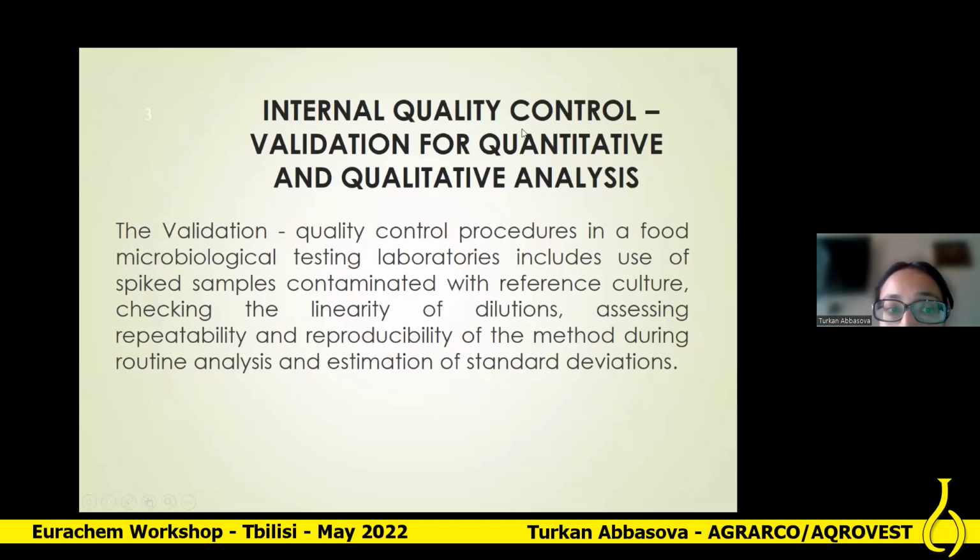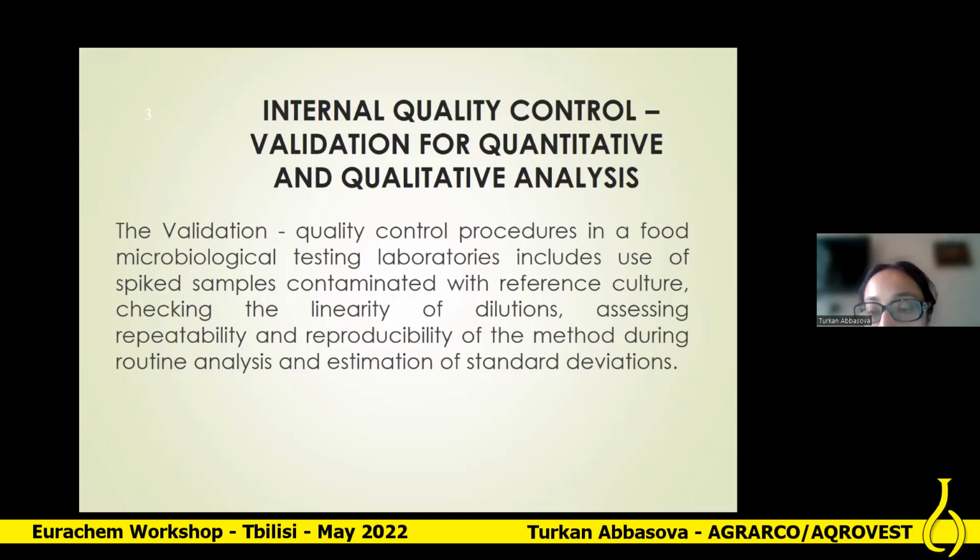What does validation mean? The validation procedure in our laboratory uses spiked samples. Maybe our colleagues know what that means. These are contaminated, or blank, samples with a reference culture.